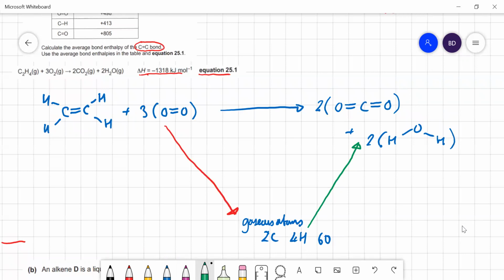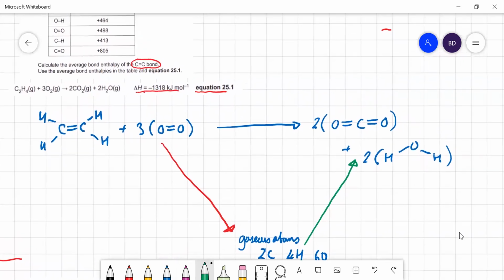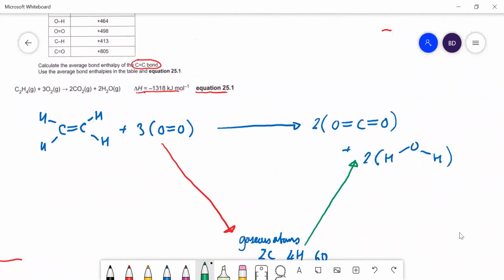Now this red arrow, let's fill in the arrow of that. What bonds have we got to break? Now breaking bonds is endothermic, so that means we are going to give that a positive value. What bonds are we breaking there? Well, we're breaking 4 carbon-hydrogen bonds, so that's going to be 4 times 413.